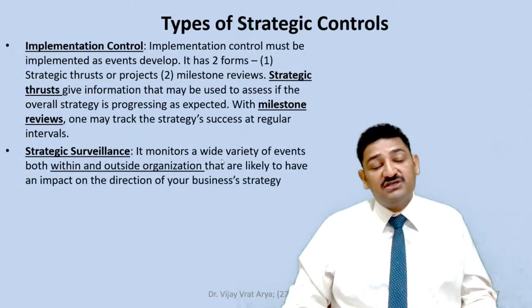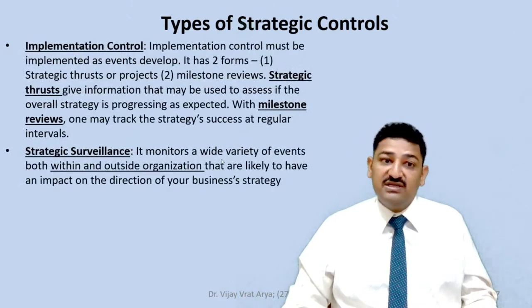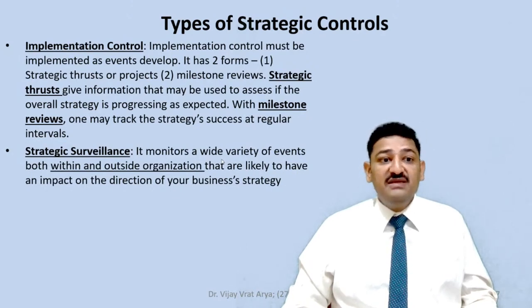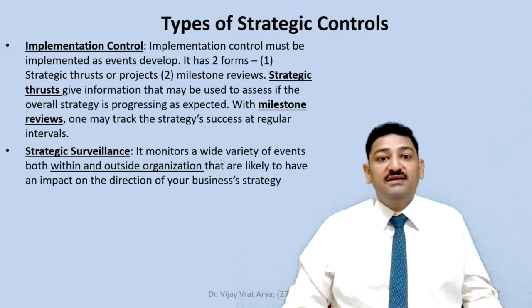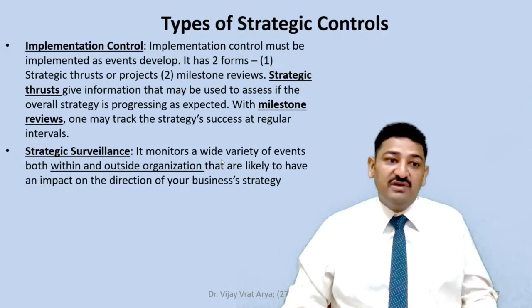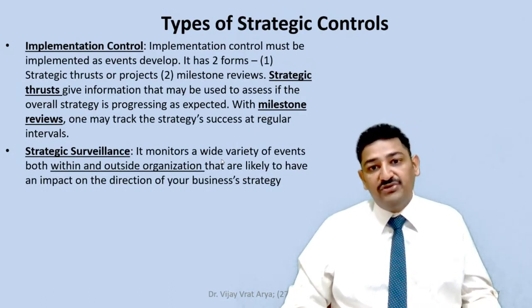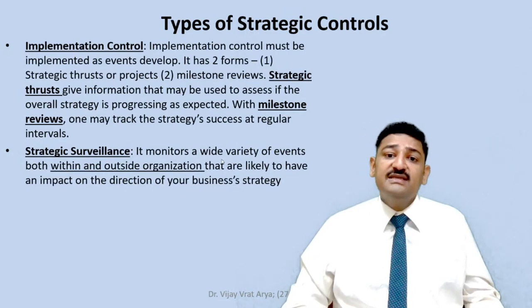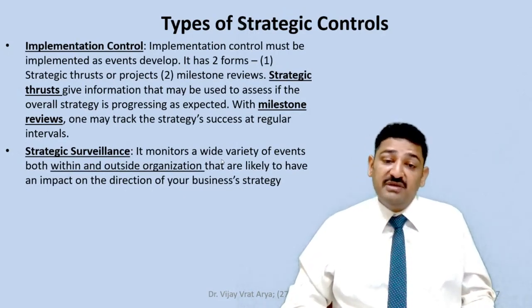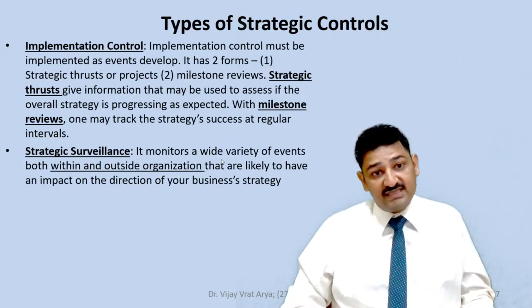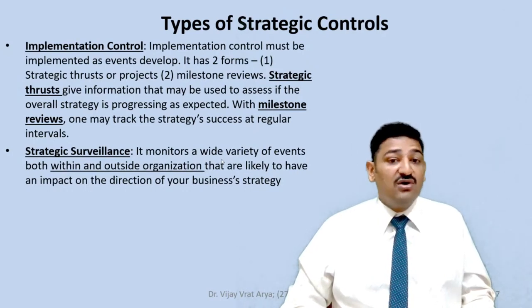The third type of strategic control is implementation control. Here, implementation control must be carried out as the events develop, and it has two forms. One is the strategic thrust or project, and second is the milestone review. In this case, the strategic thrusts give information that may be useful to assess if the overall strategy is progressing as per expectations or not.